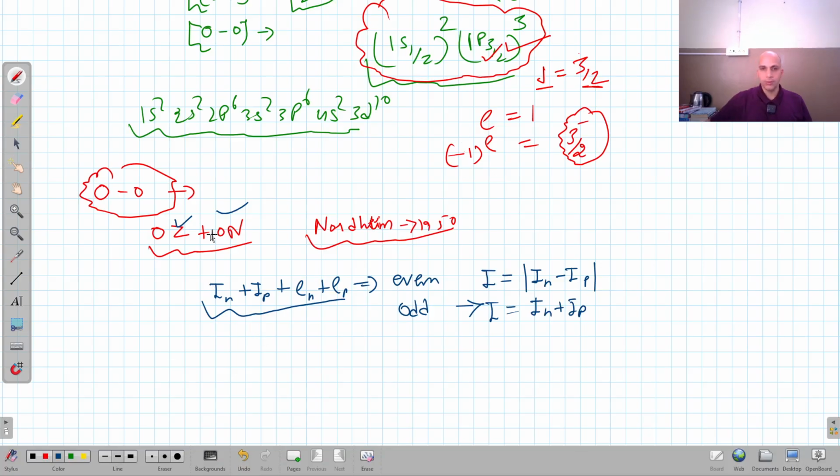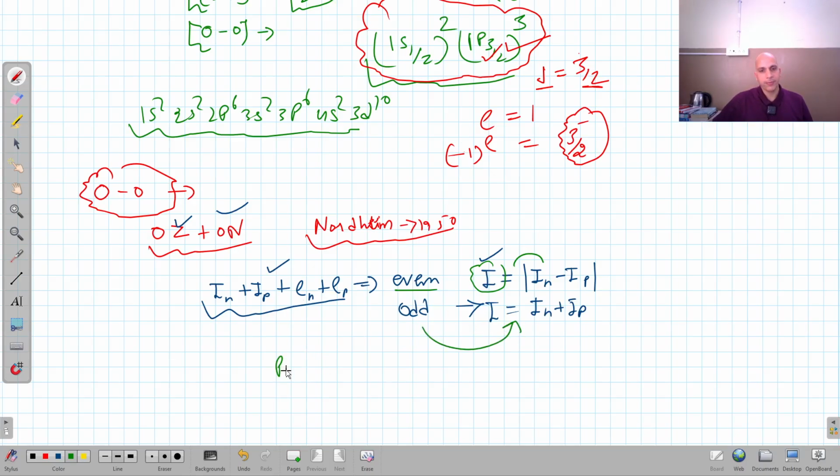So as I told you, according to this calculation we will find out the spin, right? First of all we will calculate the spin of neutron, spin of proton, L for neutron, L for proton. We will add them all up. Then, if it is even, the spin of that nucleus is equal to this. If it is odd, spin is equal to this.